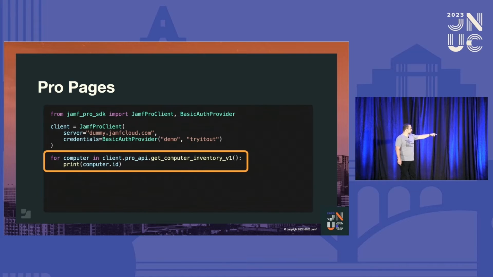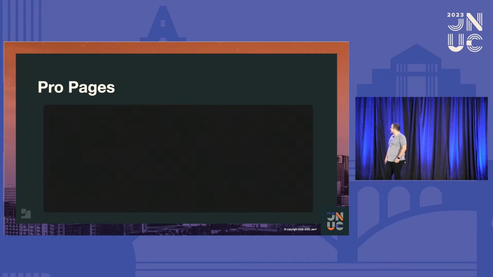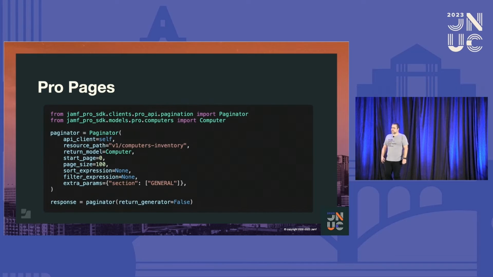What's missing from here? You don't see any pagination options. Why is that? So, this is the low-level interface in the SDK that automatically handles all pagination for you. That top-level method actually paginated across all the results in Jamf Pro without you having to do anything.